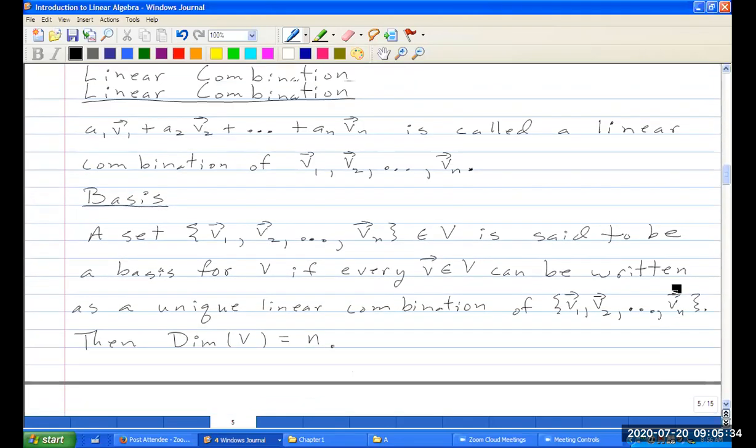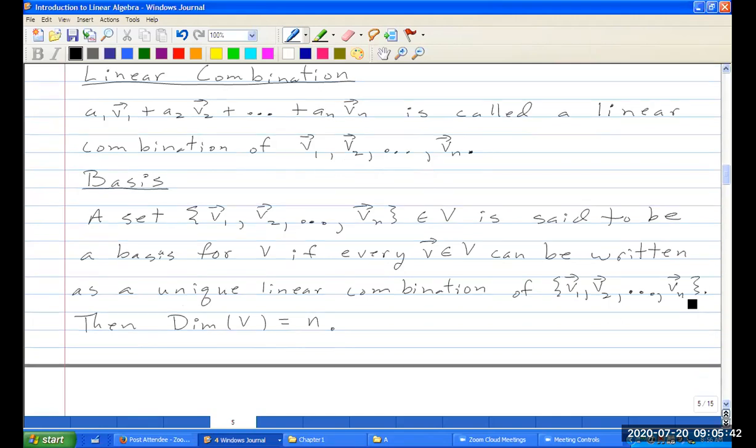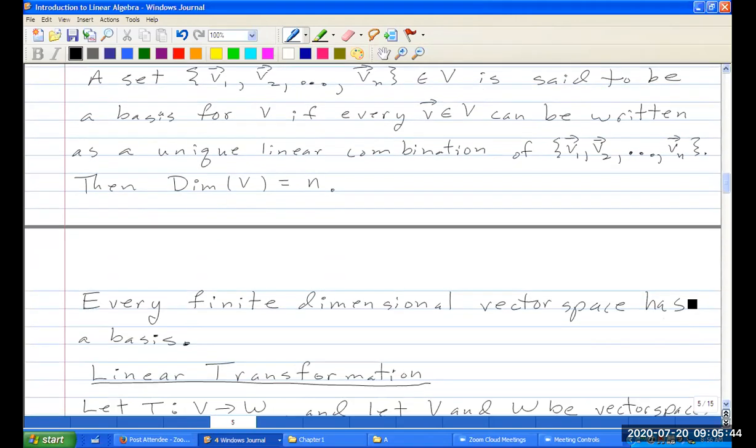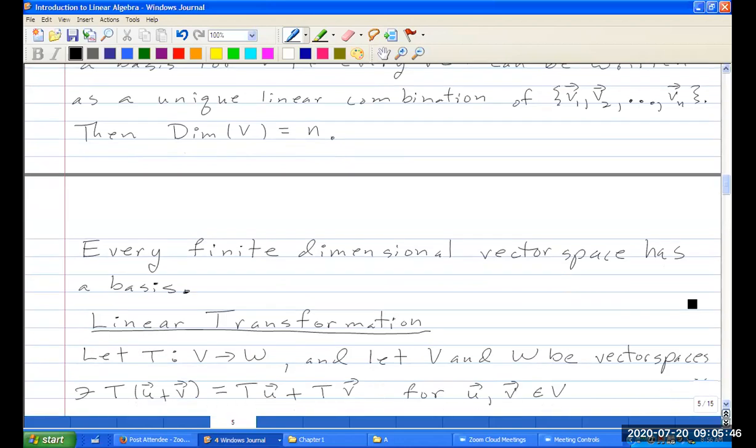As I say, after today I'm not going to put arrows on anything, but for right now I'm putting arrows because this is a little bit of an intuitive idea of what's going on. Every finite dimensional vector space has a basis.